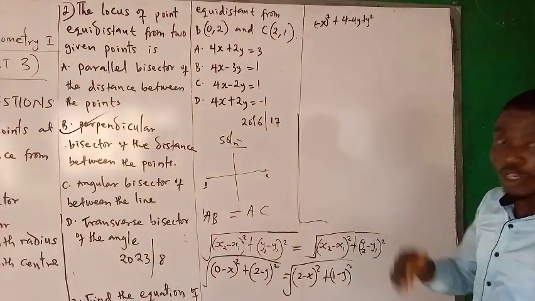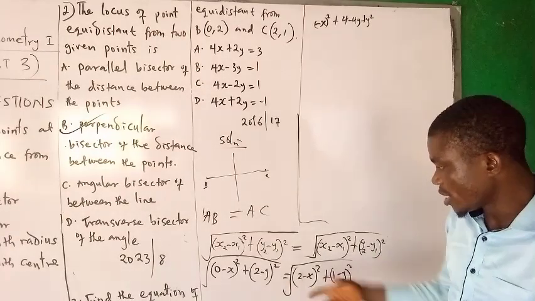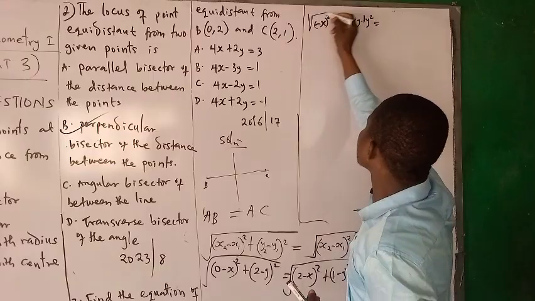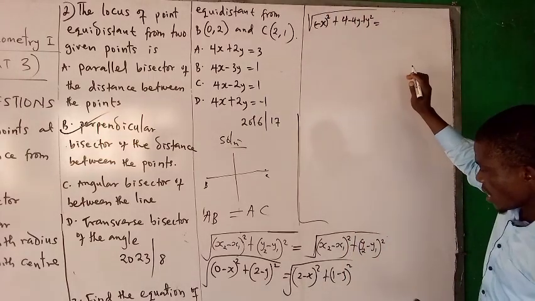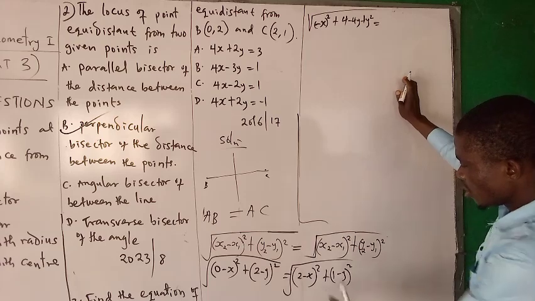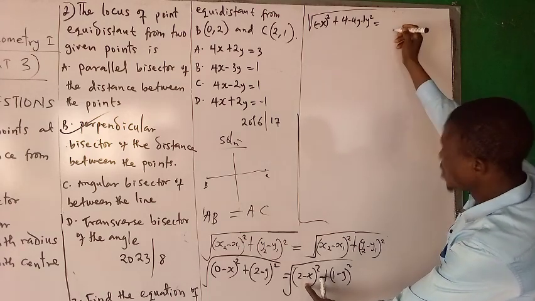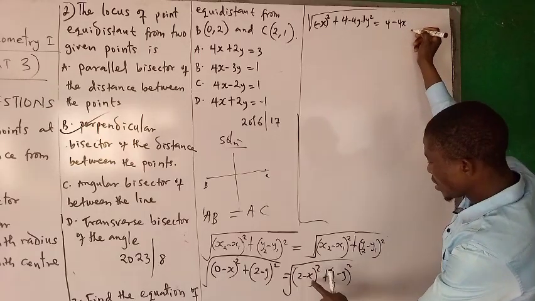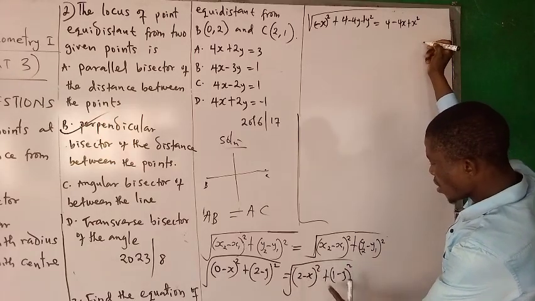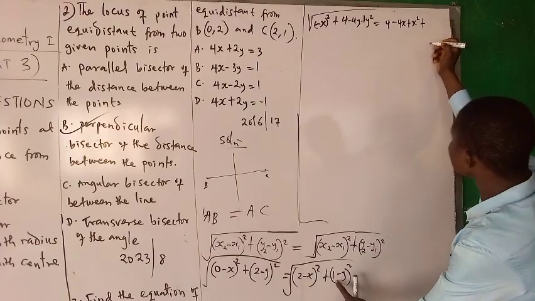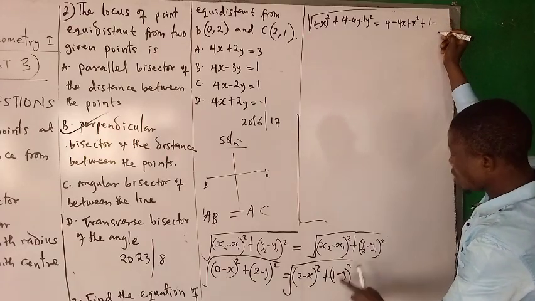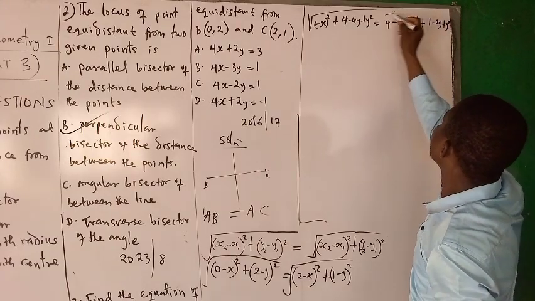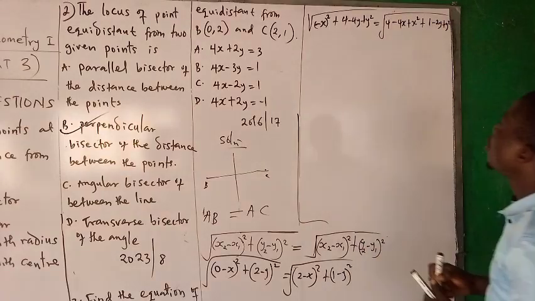If you don't know this method, just use the usual way of expansion to get the same thing, right? Now equal to, remember square root is here, this one the same thing. You cannot subtract, we expand, so this will be 4 minus 4x, plus x squared. Now plus the same thing here, this is 1 minus 2y, then plus y squared, right? Put your square root.